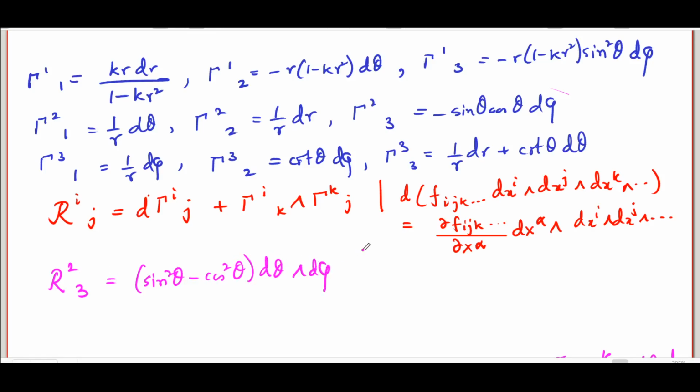That's just d gamma 23. To this you have to add gamma 21 wedge gamma 13. So gamma 21, gamma 13, minus, so this is a minus, 1 minus kr square sine square theta d theta wedge d phi.